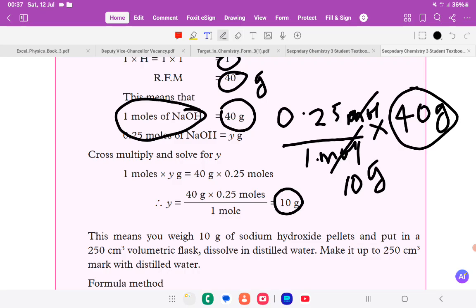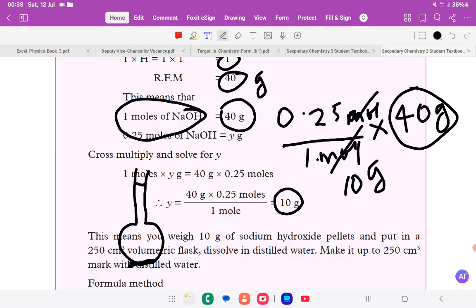The volumetric flask, like I mentioned earlier, is something like this. It has a mark right here. This mark is the limit, the extent to which the volumetric flask can be filled with any liquid that is intended.